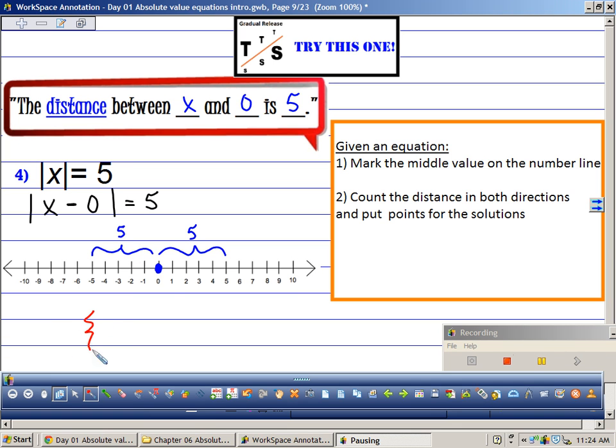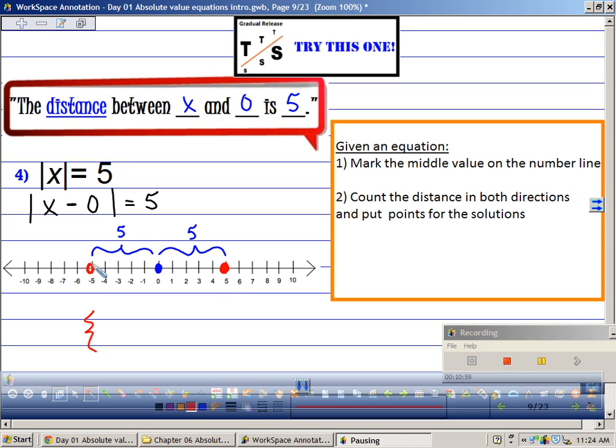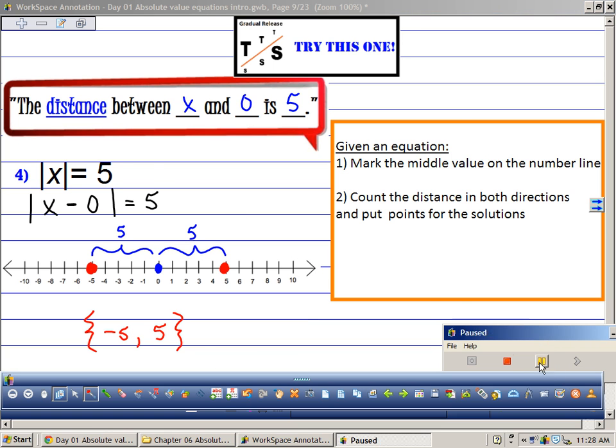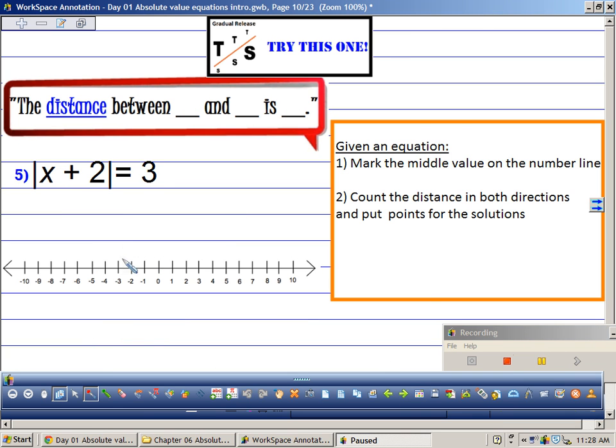So my solutions are, who's 5 away from 0? 5 and negative 5. You see the difference, Brenda? Yeah? Okay, write that one down. All right, let's move on to the next one.